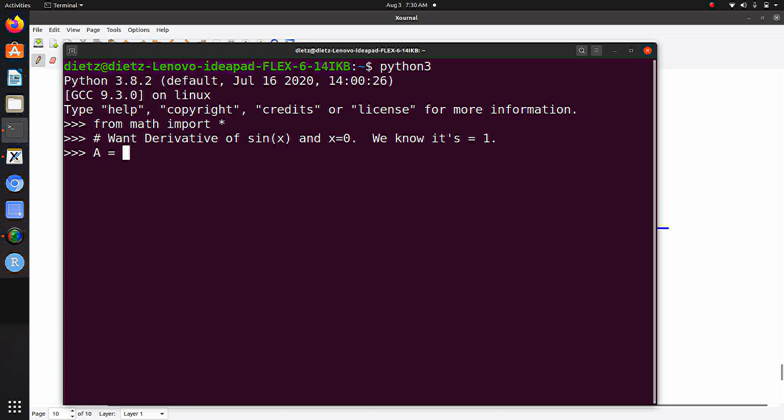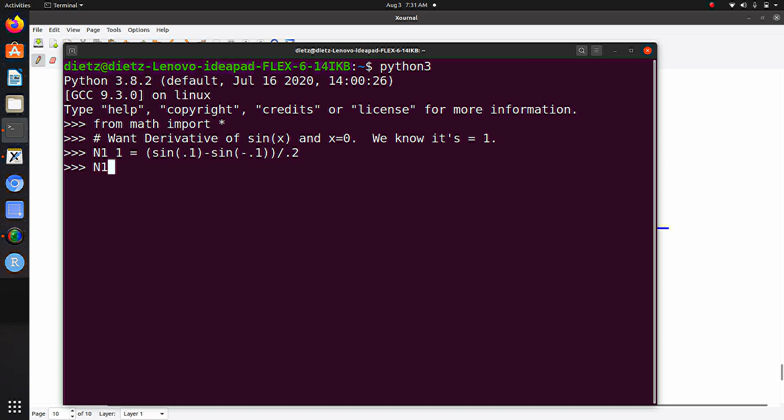So capital A is going to be n1 of 1, so I'm just going to say n1 of 1 is equal to sine of 0.1 minus sine of negative 0.1. So my first h is just going to be 0.1, and I'm going to divide by 0.2.